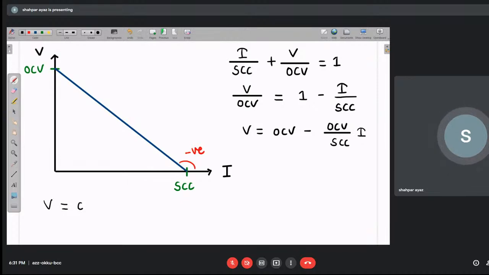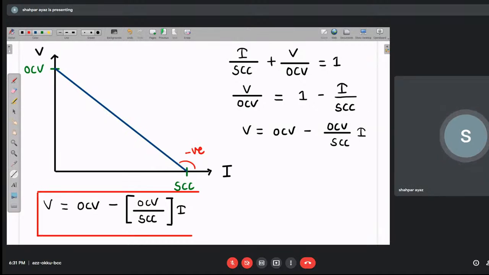So V is equal to OCV minus OCV upon SCC into I. This is the very famous relation between the transformer voltage and the transformer current, right? And these two values, OCV and SCC, are generally given in the problems. Sometimes they ask you to find out these two values.